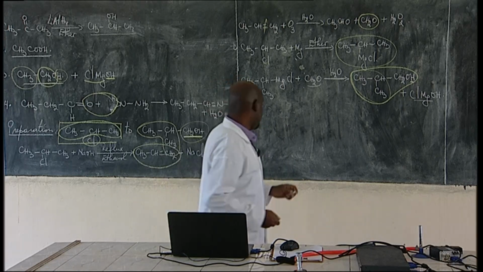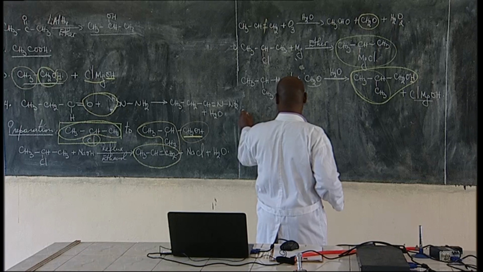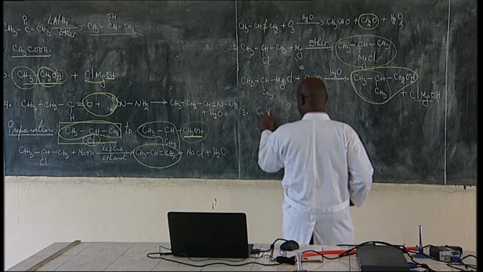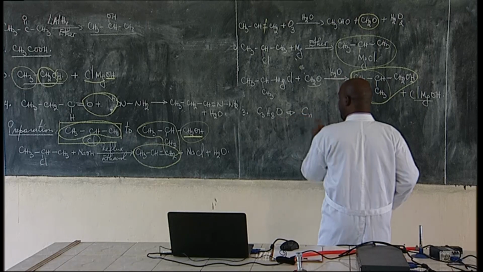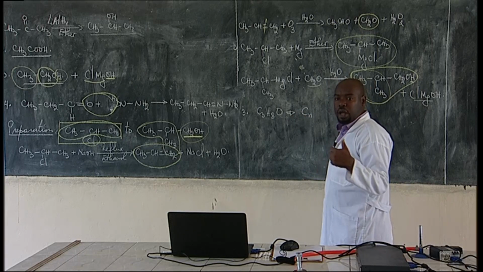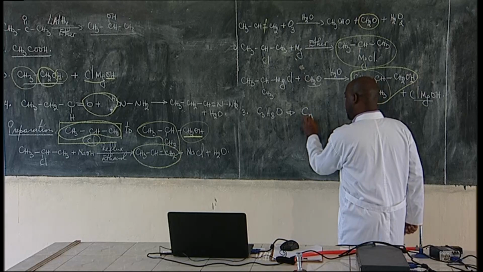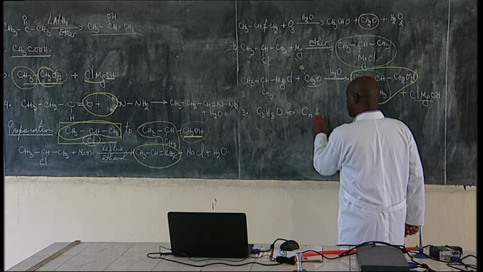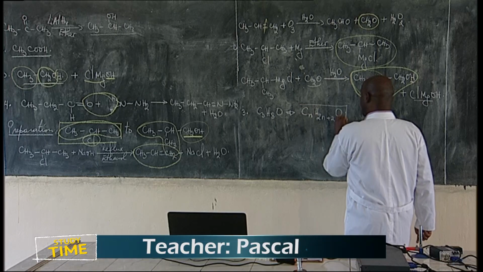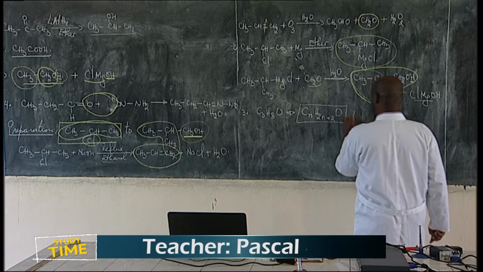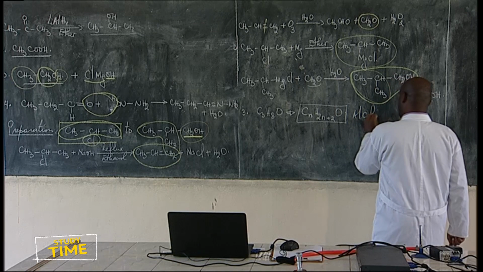This is exercise number 3, C3H8O. This is the same as Cn, for a given number of carbon atoms, we have Cn H2n plus 2 O. This is the molecular formula for alcohols.